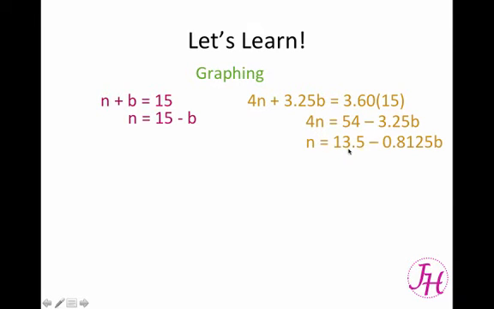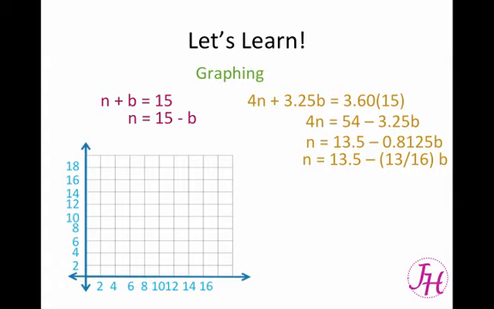So we get n equals 13.5 minus 0.8125b. If it helps, you can change that into a fraction because when we go to graph it, it might be easier to use 13 over 16 as the slope.